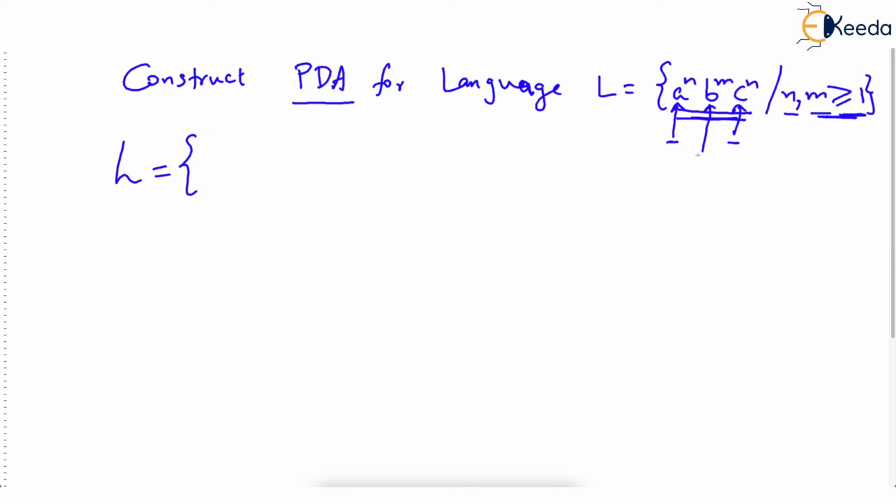The number of B's should be one or more, but it need not be equal to the number of A's and C's, because it is said that this is a^n and this is c^n. So A and C must be equal in number of occurrences, but there can be any number of B's. They might be equal or they might not be equal.